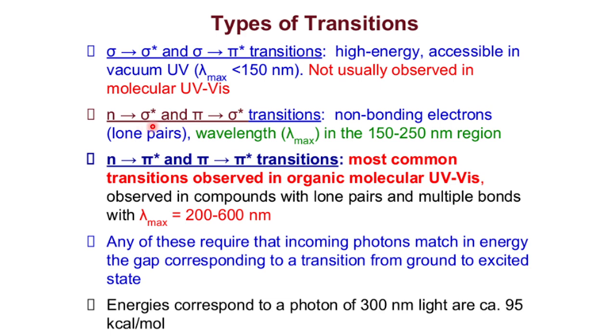The other two possibilities, n to sigma star and pi to sigma star, come under the 150 to 250 nanometer region. So if there is a peak around these wavelengths, it is either n to sigma star or pi to sigma star. The next is n to pi star or pi to pi star. That is the most common one, and the corresponding lambda max is 200 to 600 nanometer.